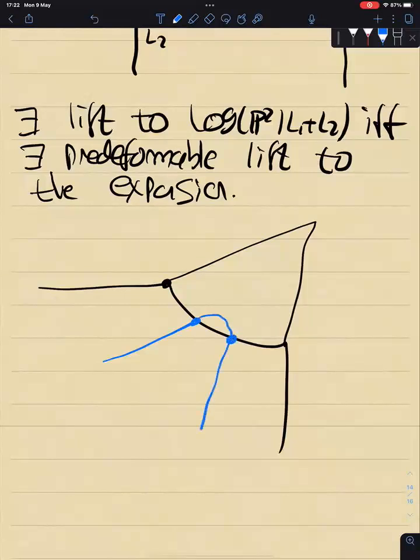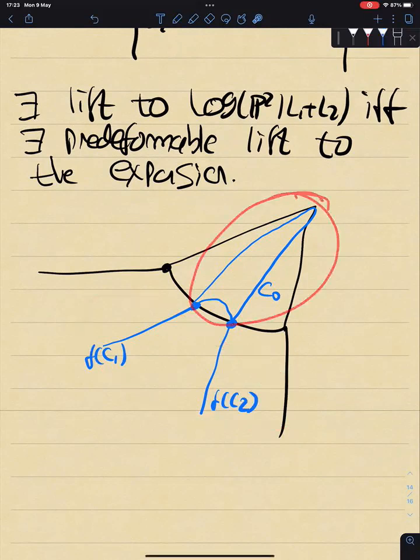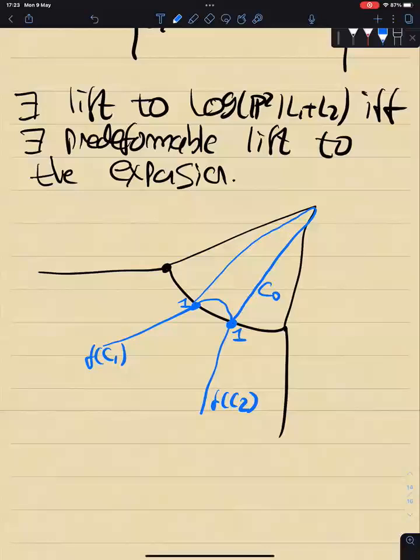Let me just draw it. Previously C naught was contracted into the intersection, but now it's going to become a conic in P2. Here this is f of C1 and f of C2, which are basically the strict transforms of the lines that I had before blowing up. And I'm asking for this map from C0 into this P2 which will have the correct tangencies here. Well, in this case, it's just transverse contact.